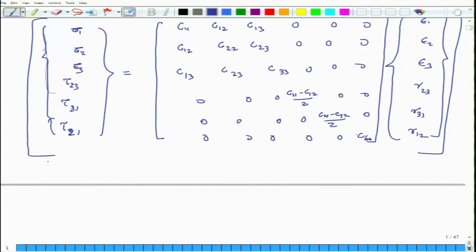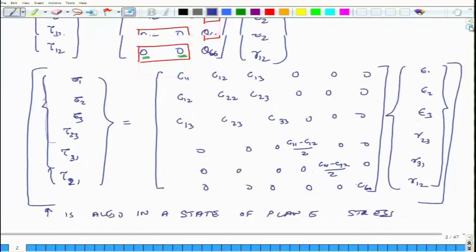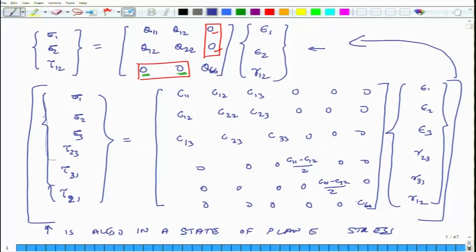And if this material is also in a state of plane stress, then this set of equations converges to the first set of equations, because sigma 33 is 0 in a plane stress situation, tau 31 is 0 and tau 32 is 0.